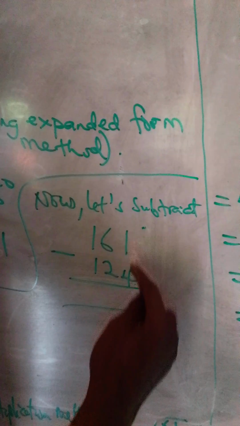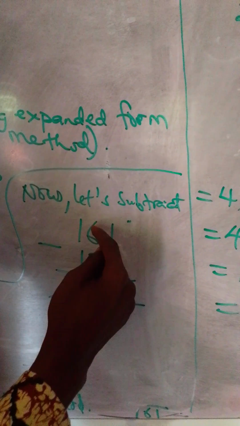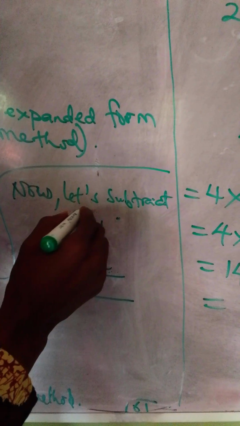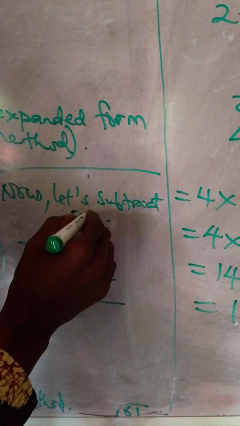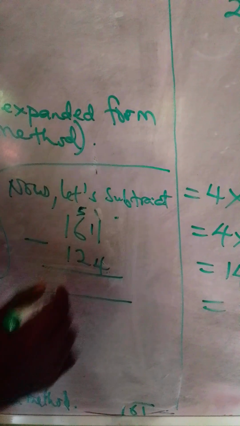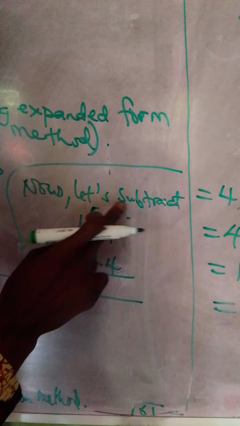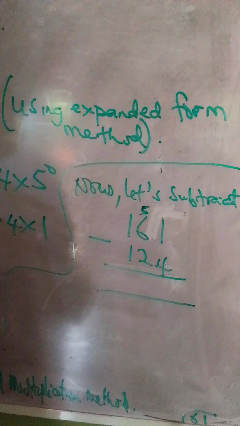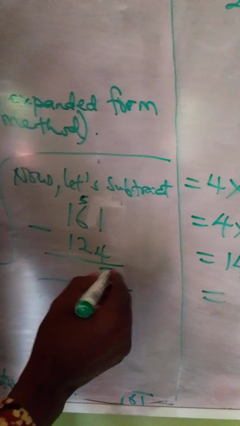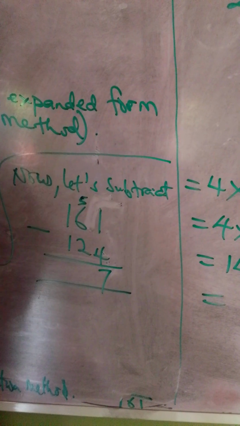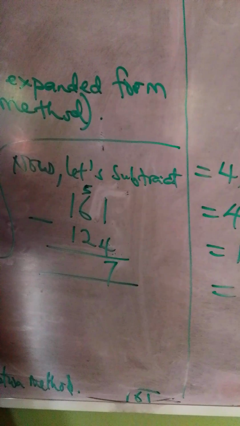So 1 minus 4 cannot. Borrow 1 from 6. Here remains 5. So add the 1 here, it is 11. So 11 minus 4 is 7. Right? 11 minus 4 is 7.